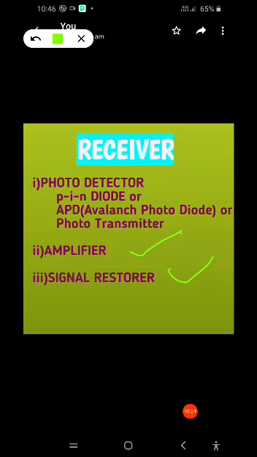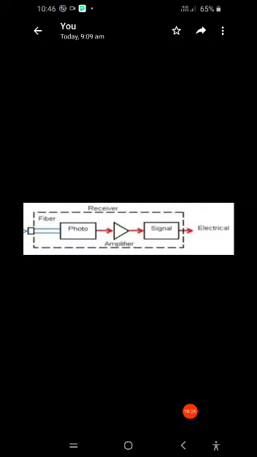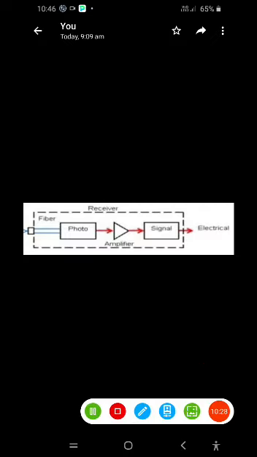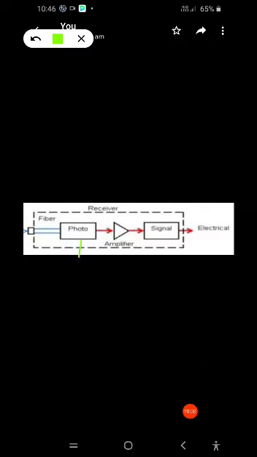That is regarding the receiver. The receiver has mainly three blocks: the photodetector, the amplifier, and the signal restorer. Finally we get the electrical signal as output.